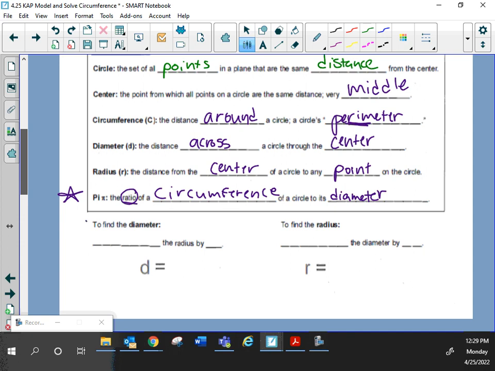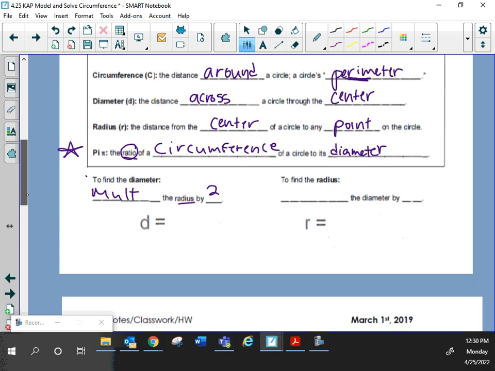Last little bit, we already talked about this. If I'm trying to find the diameter but I'm given the radius, we would need to multiply by 2. Turning that into a math equation, D for diameter is equal to 2r.